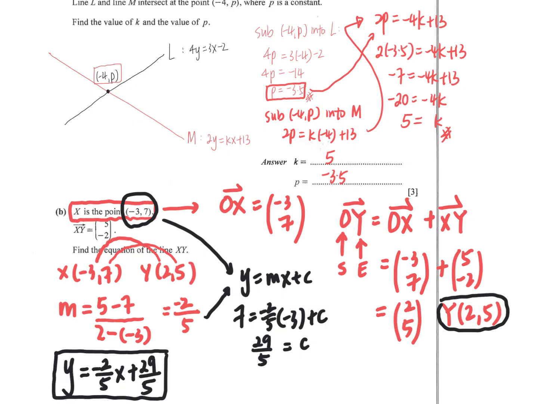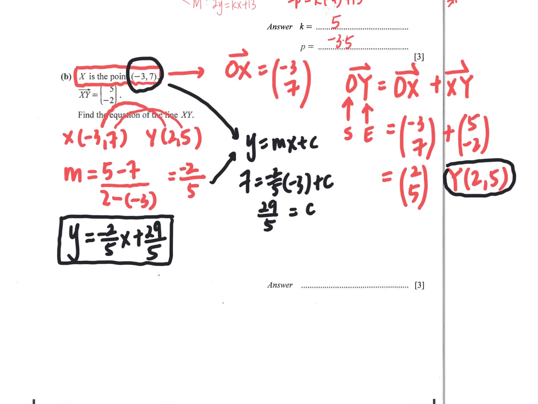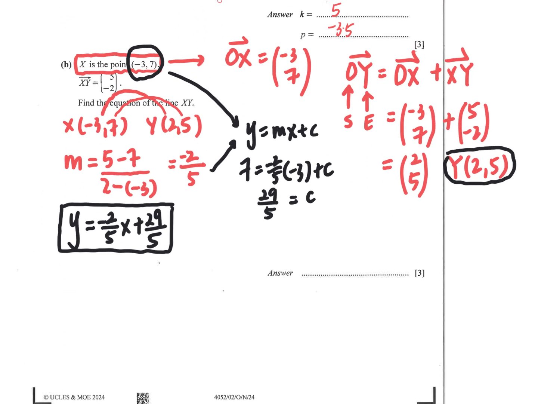Okay, then I have a shortcut. So this is the conventional way. Alternative: the question tells you to move from X to Y is 5 units in the X direction, 2 units downward in the Y direction.